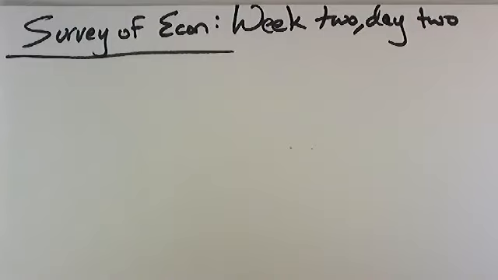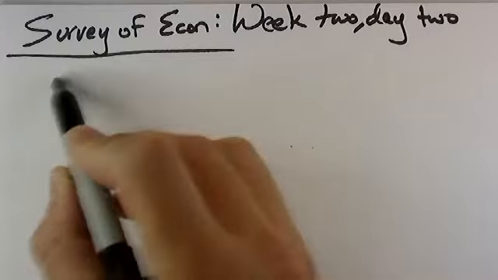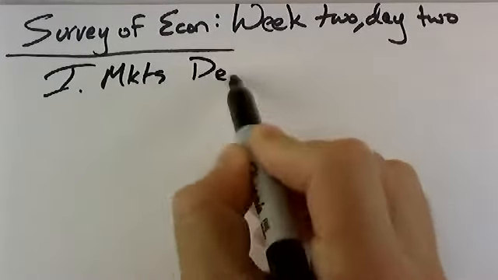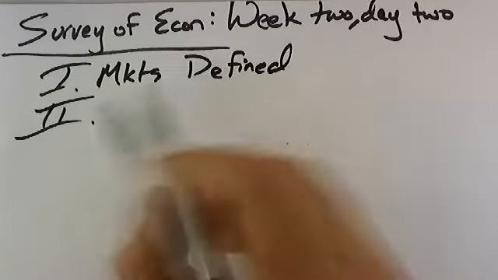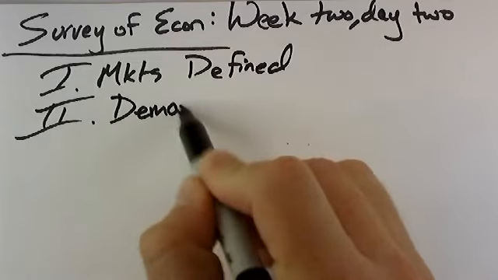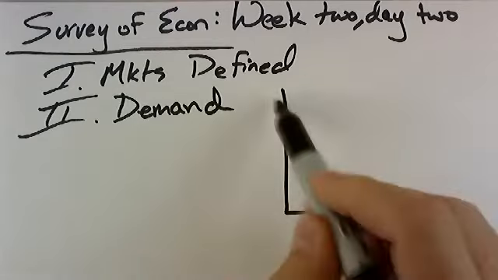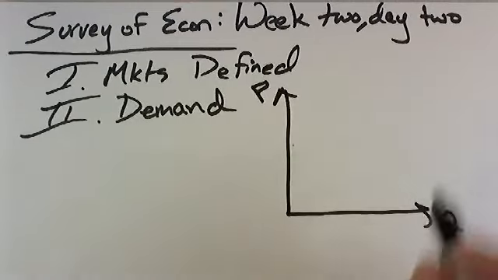So last class, we started to really delve into the first real model of economics. We started talking about demand. First of all, we defined markets. And then we went ahead and talked about demand. We know that we've got price on the y-axis, quantity on the x-axis.